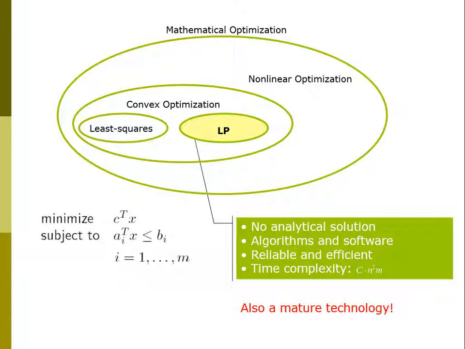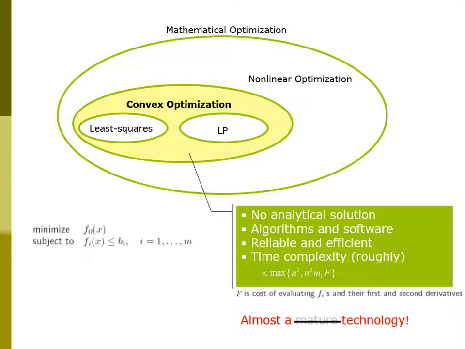The algorithm is quite reliable, though possibly not as reliable as methods for least squares problems. We can also say that there are multiple technologies to solve linear programming problems.